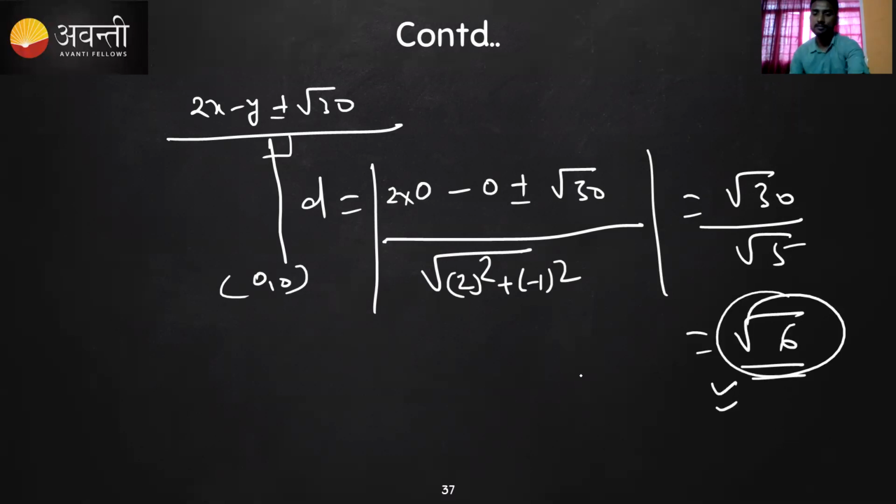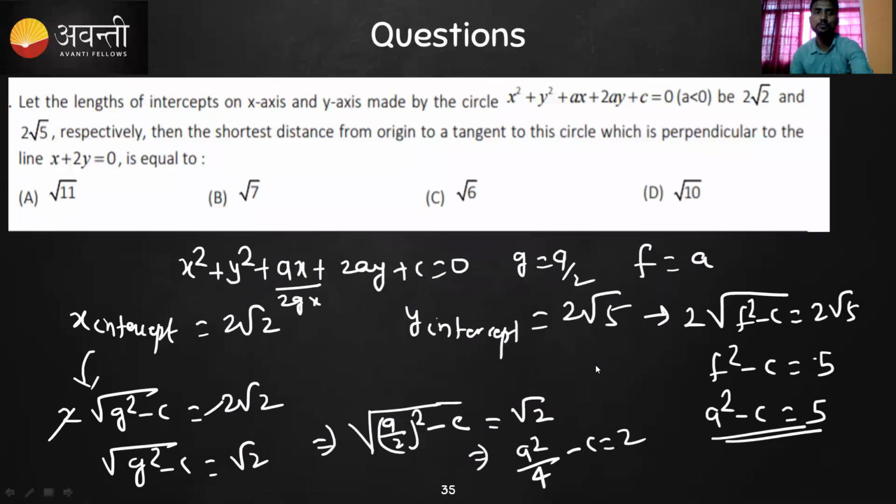This is a long question, one by one you have to see. First you have to find the proper circle equation with the help of the intercept. Then we have to find the shortest distance from the origin to the tangent of the circle. The circle is already given, but the tangent is perpendicular to a line.